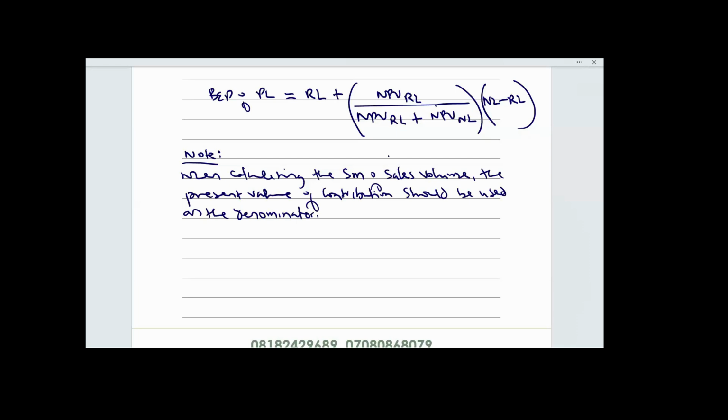So whenever you want to calculate sensitivity margin of sales volume, you use the PV of contribution as the denominator.